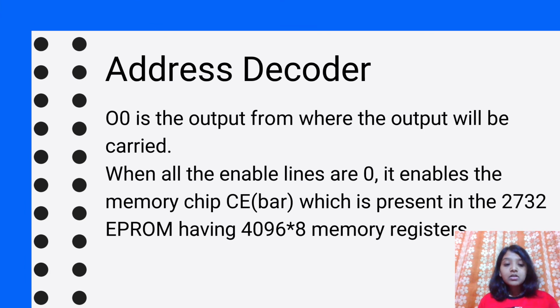O0 is the output from where the output will be carried. When all the enable lines are 0, it enables the memory chip CE bar, which is present in the 2732 EEPROM having 4096 into 8 memory registers.